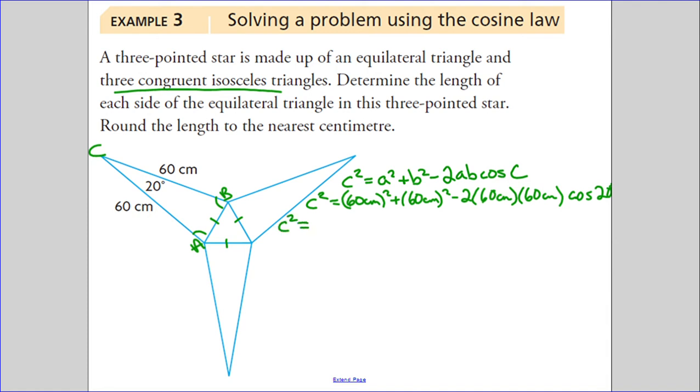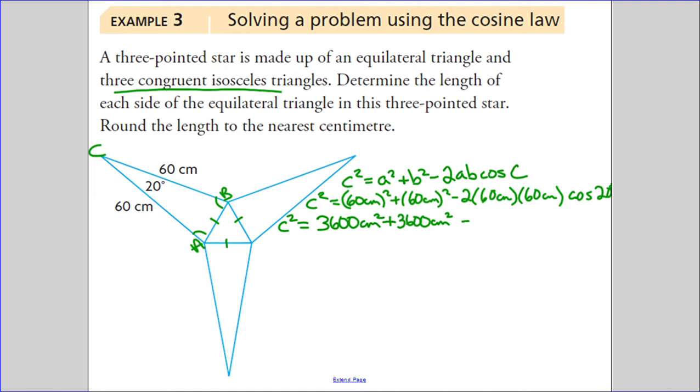So c squared is equal to, I'll have 60 times 60. So that'll give me 3,600 square centimeters plus another 3,600 square centimeters minus, and then I have 2 times 60 times 60.